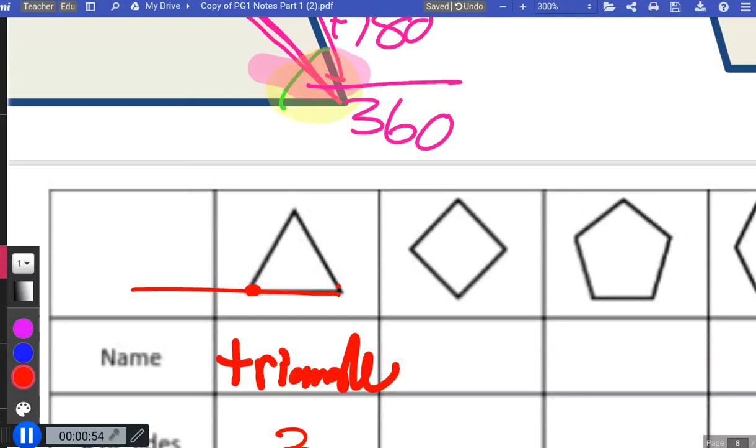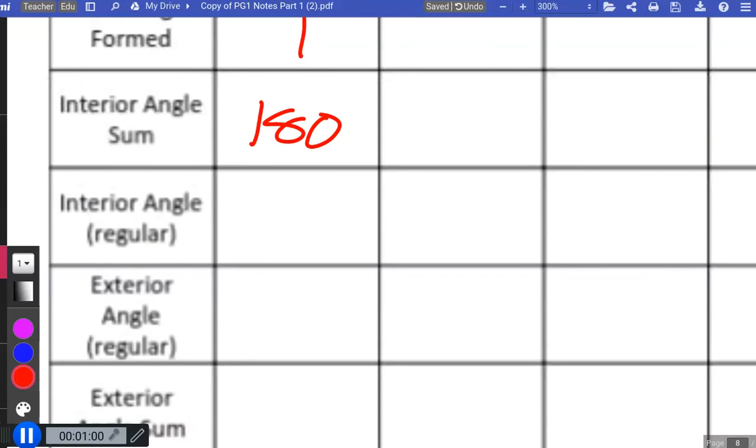Now, exterior angle of a regular triangle. So that means, did I miss one? Oh, interior angle. If we're going to take 180 degrees and split it evenly among the 3 angles, that's going to be 60 degrees. And you know that an equilateral triangle has 60-degree angles.